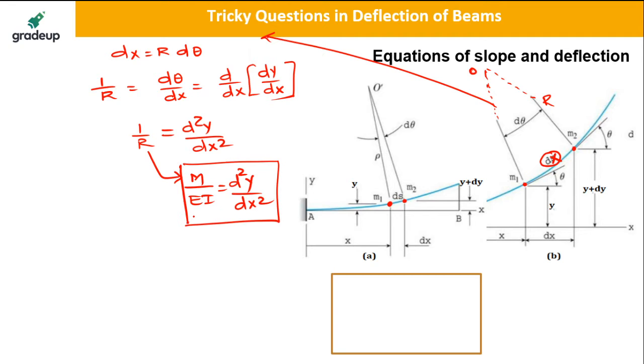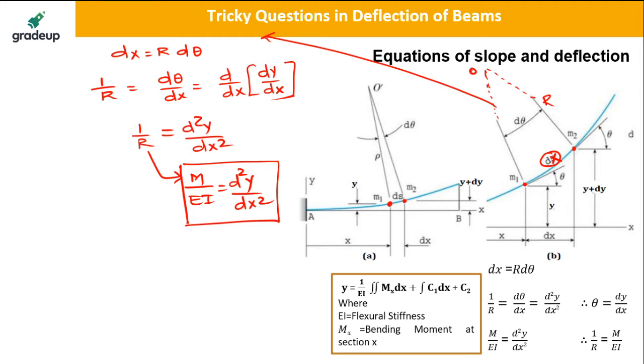So if you integrate it once, you get slope dy by dx. If you integrate it twice, you get the deflection of a particular point in the beam. Is it clear now? This is the generalized formula where everybody knows the value of the bending moment at a distance x. So when you find the bending moment, definitely you can solve this problem, right?